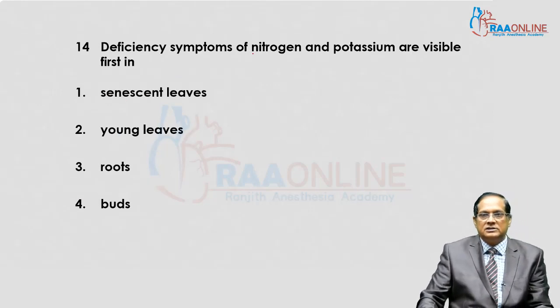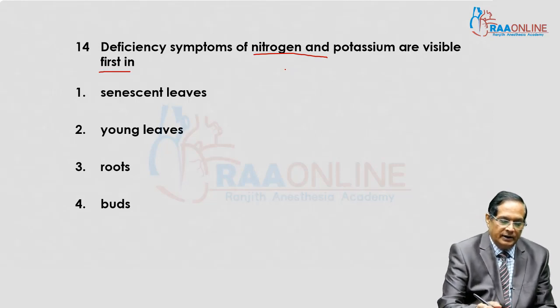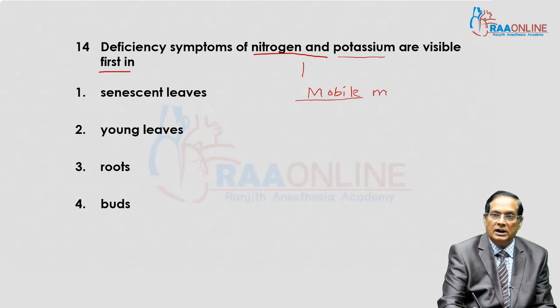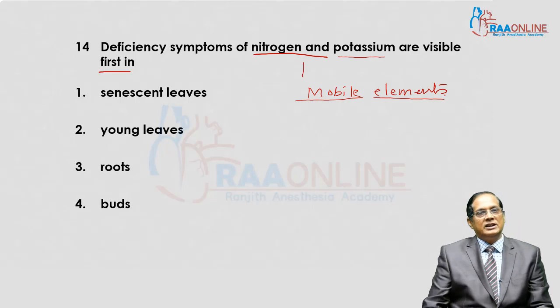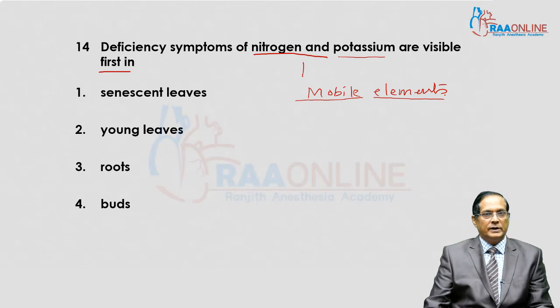The next one: deficiency symptoms of nitrogen and potassium are visible first in. These two elements are mobile elements. That is, their mobility in the plant body is fast. And those elements which are rapidly mobile in the plant body are easily trapped by the developing and dividing tissues.